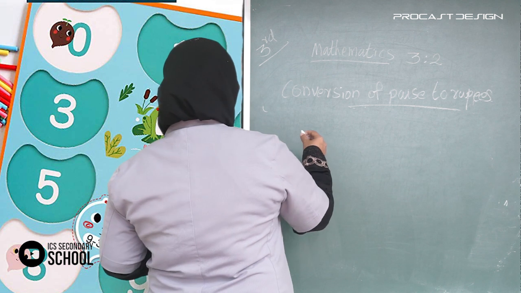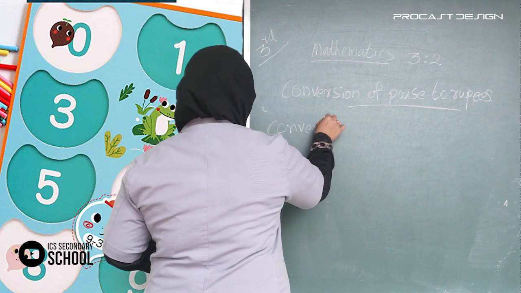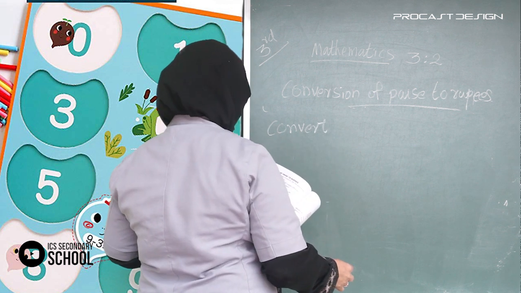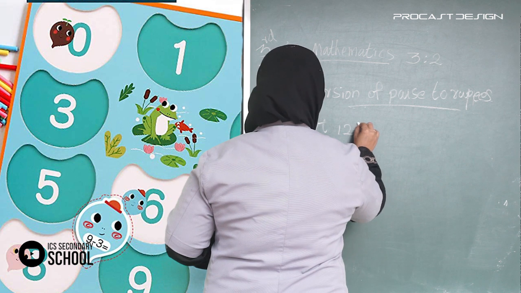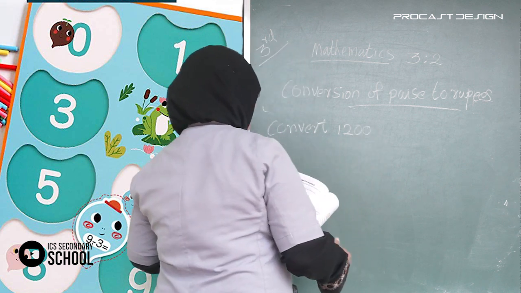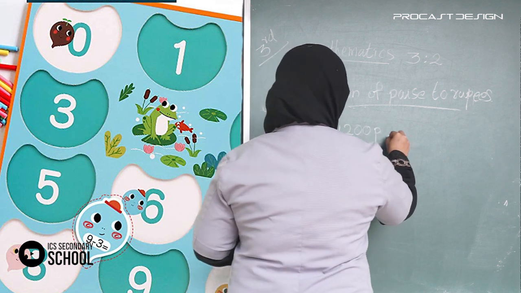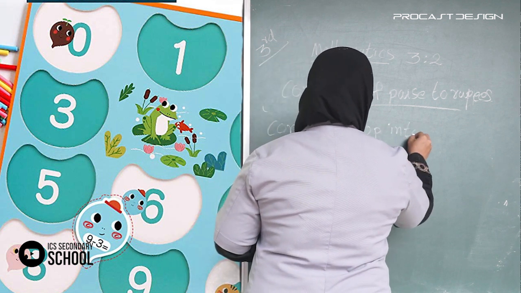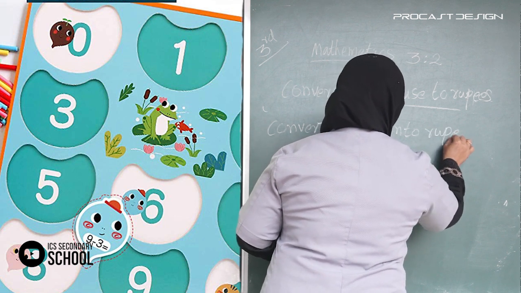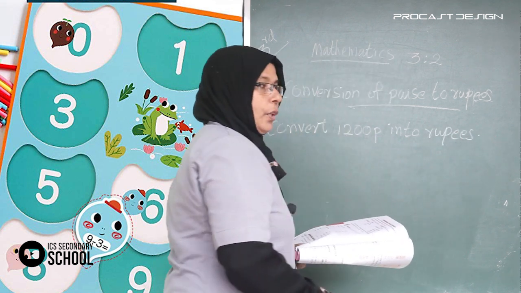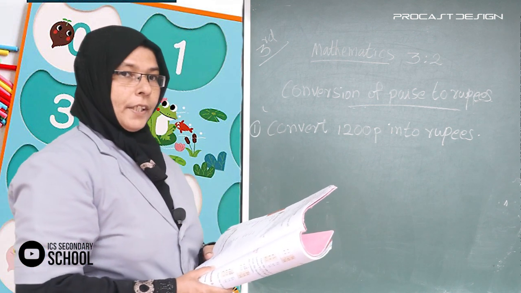Example: convert 1200 paise into rupees.